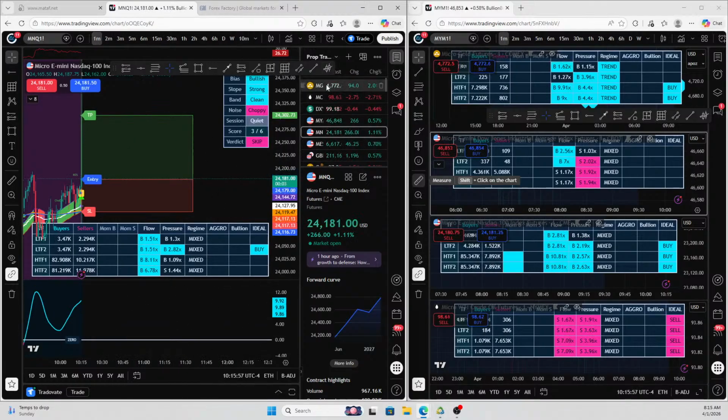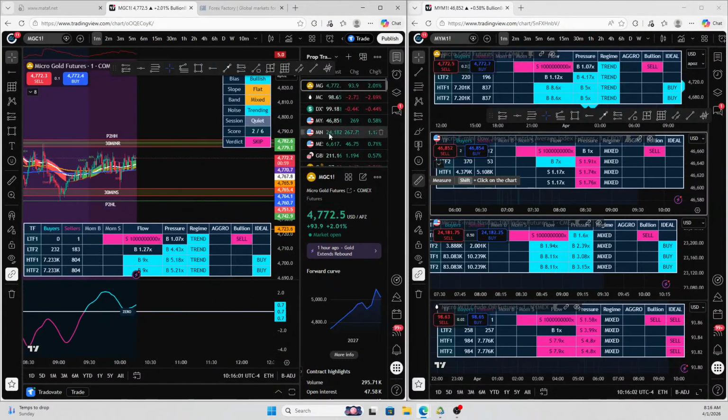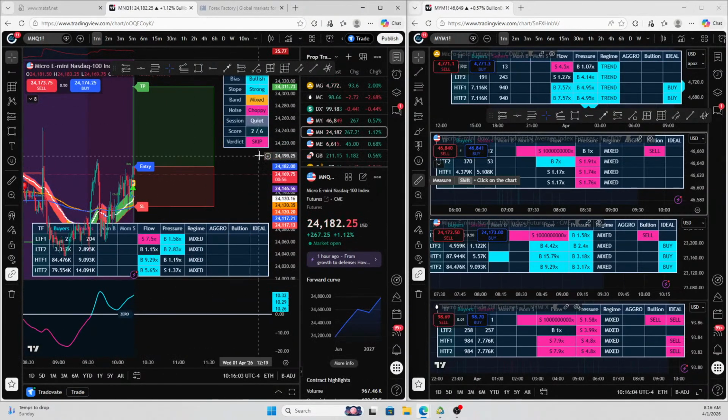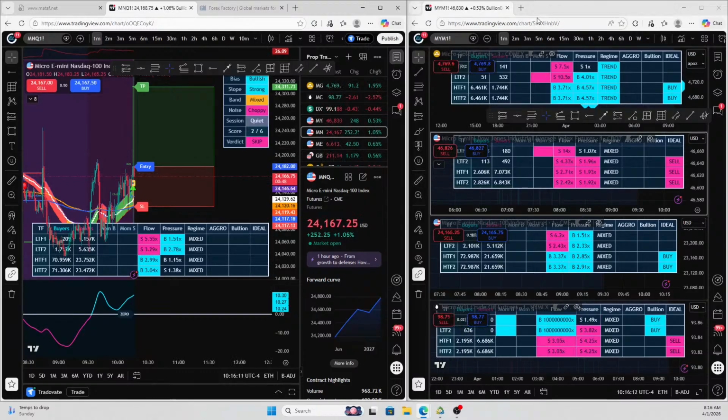Whenever you see a push, you want to see volume backing that push. So let's go and look at gold. Gold is pretty much ranging right now. There's no clear direction. I mean, Q has given us some direction, but we have to see the overall market conditions.